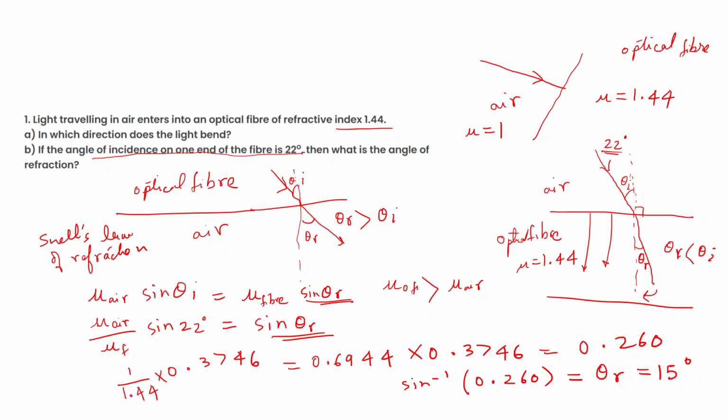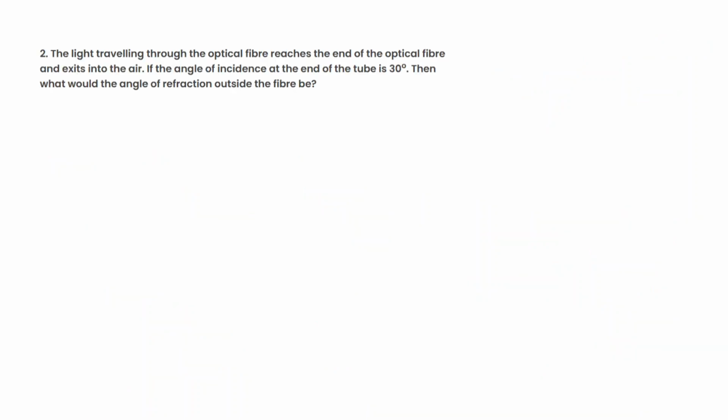Okay, so next part of this question is that light traveling through the optical fiber reaches the end of the optical fiber and exits into the air. In the first case, the incident light was entering the optical fiber and refraction was happening, and now after passing through the material, this light will be exiting the optical fiber medium.